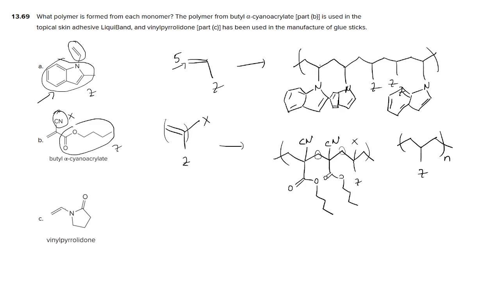Let's also do part C. Again, here we have just one substituent, which is Z. Let's do the same. So Z, and when we polymerize it, let's add a couple more Z. Okay, I will stop here.